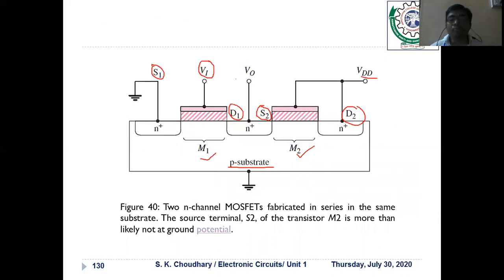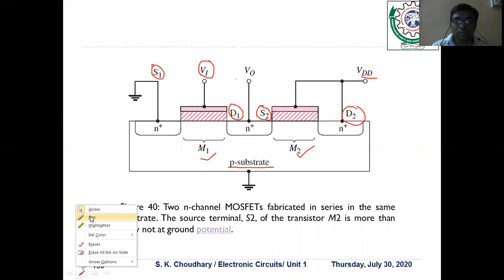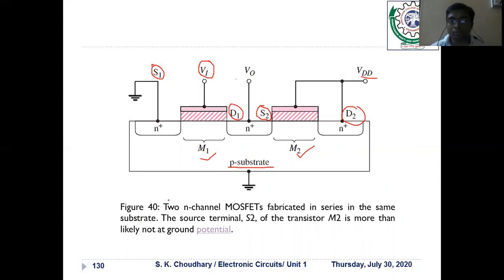As we know, the substrate terminal is always at the lowest potential, and here also from the diagram it is very clear. The substrate is connected to ground, and as there is a positive drain to source voltage for M1, obviously the source terminal of M2 is not at the lowest potential. It has some finite value.